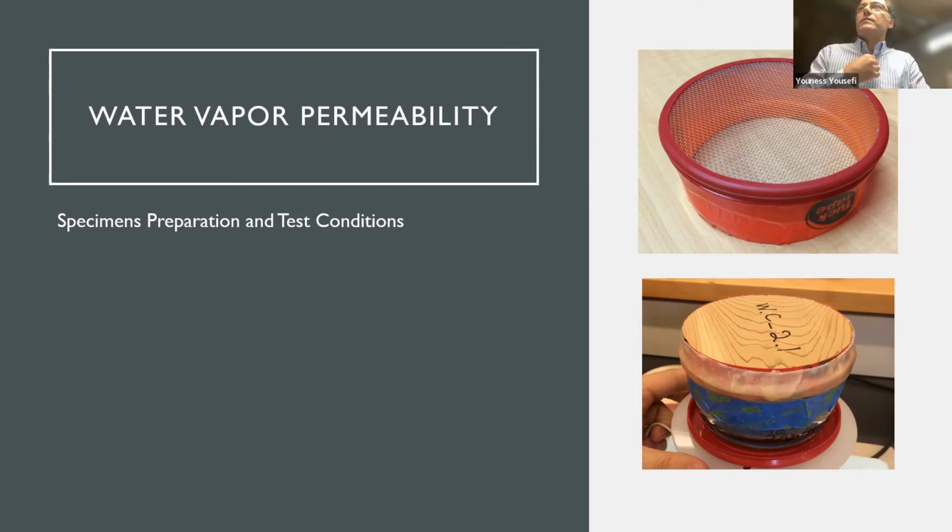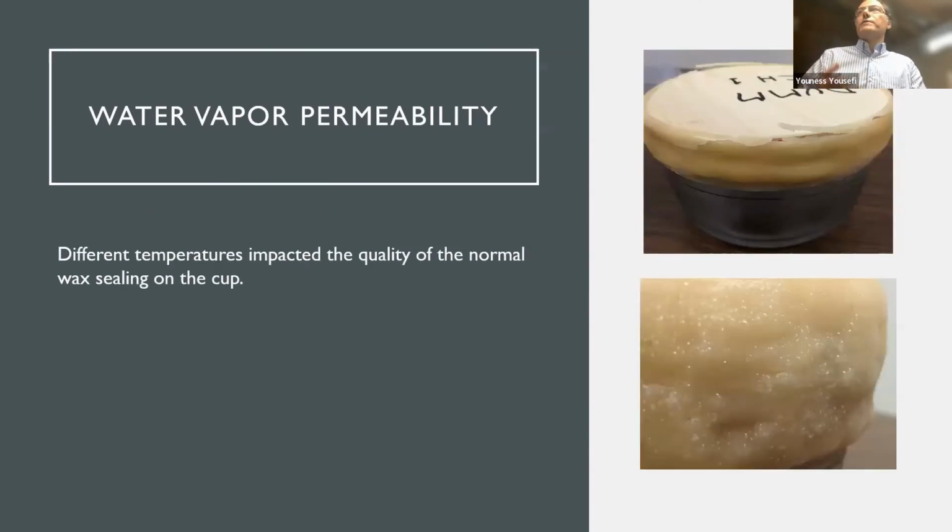We use the top one for materials such as cellulose fiber, and we attach it to the cup. But since we tested at different temperatures, lower and higher, you can see at the top one that the lower temperature made the wax, which we use for attaching and sealing the material to the cup, very brittle.